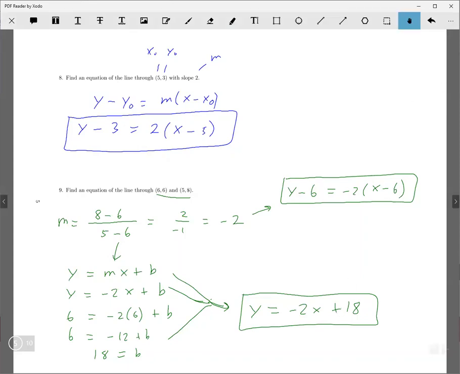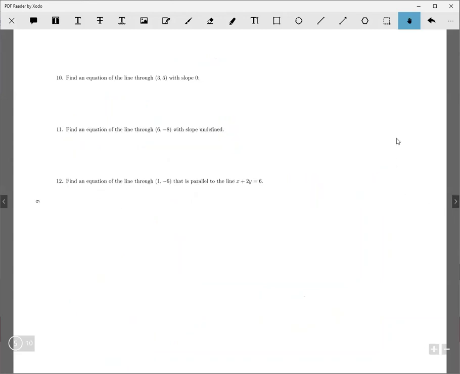Okay, so number 10. Find the equation of a line through (3, 5) with slope 0.